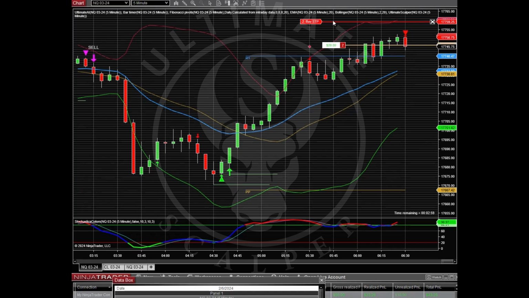I've got two more contracts on. I'll bring my second set in to lock in some profit. All right, so my second set of the five got taken out, and a trade off the breakout, that worked as good.